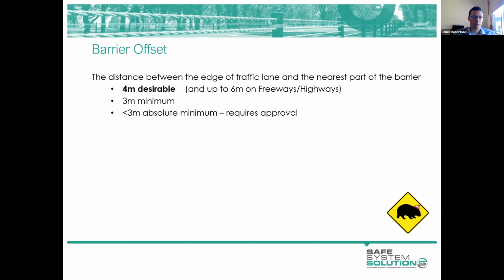So our choice of offset really is a balance between providing enough space for people to recover their vehicles and enough space to pull over at the edge of the road, but not locating those barriers so far from the road that we're opening up the possibility of rollover and these types of things.